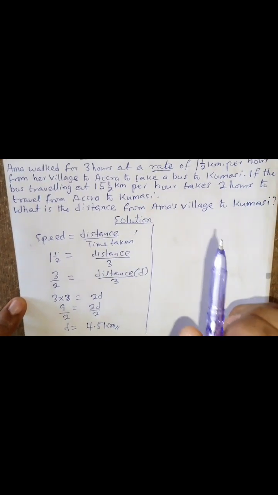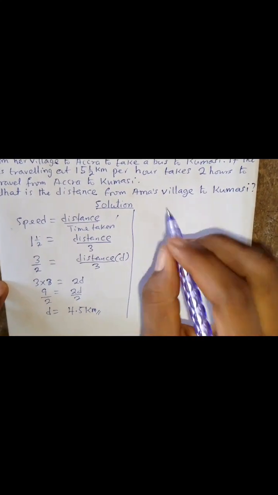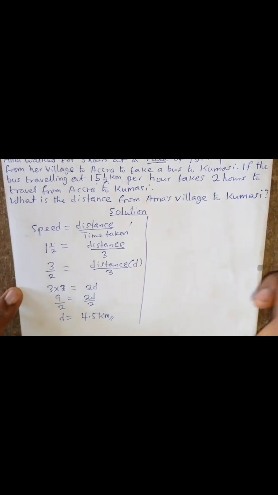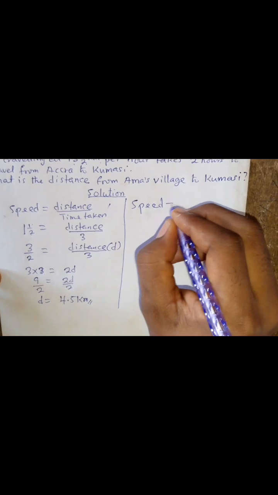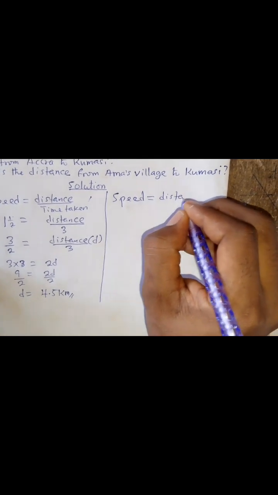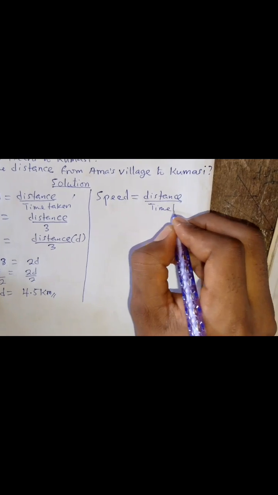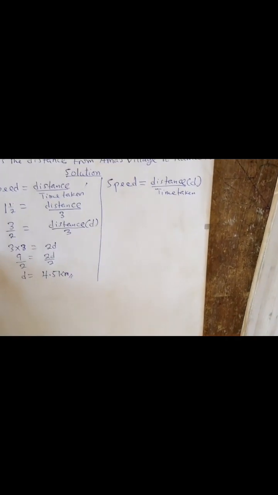Now from Accra to Kumasi, she used a bus. So that bus traveled at a speed of 15 1/2 kilometers per hour. So speed here is equal to distance over time taken. And I name the distance to be d.